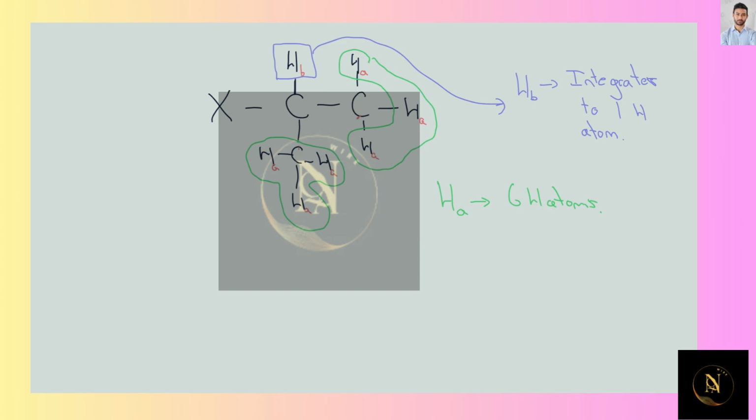Now, to know the splitting pattern, a general rule when we have simple spectra, whenever we're not dealing with couplings that are different among each other, is that we're going to have n plus 1 signals, where n is equal to the number of neighbors that we have on each hydrogen atom, and this number of neighbors needs to be of a different type.